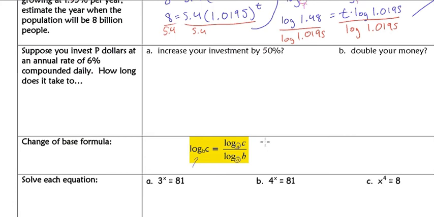So we would have log base 7 of 12, that would be equal to, so notice where my b is going to head and where my c is going to head. The of 12, I'm going to have log base 10 of 12 divided by log base 10 of 7.